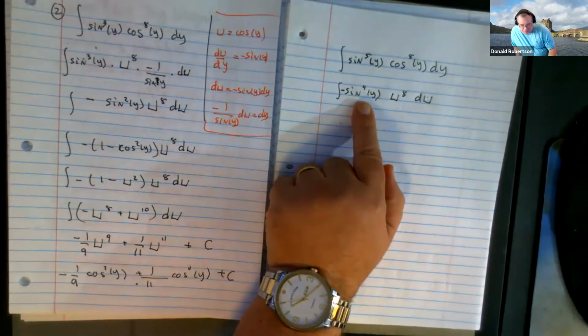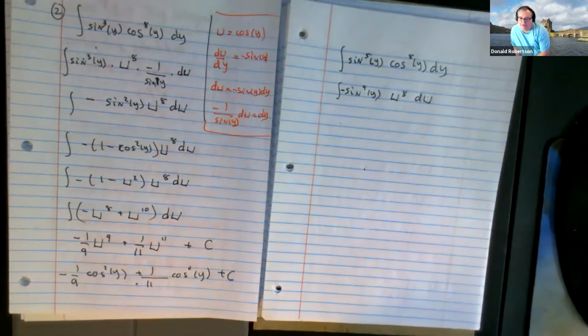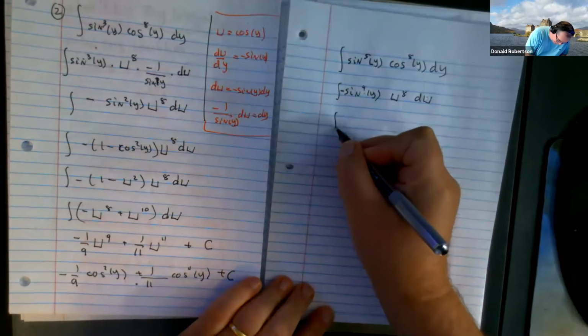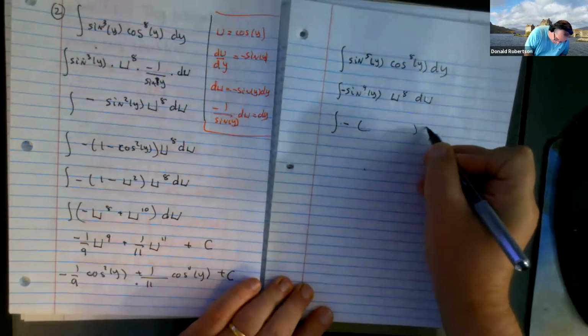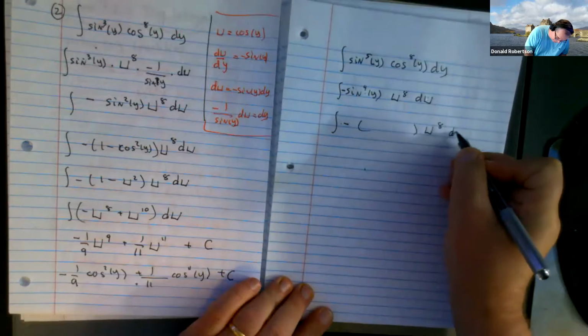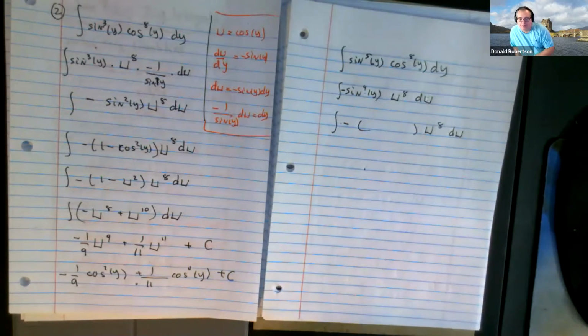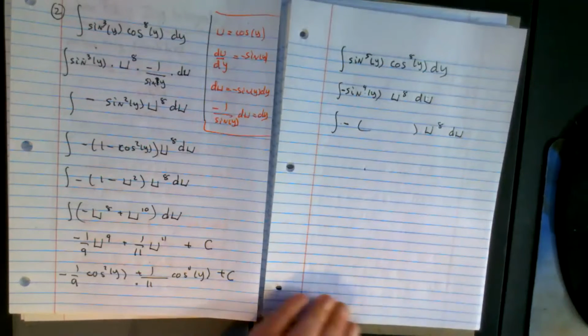What do you do when it's sine to the 4y that's left over, not sine squared y? How do you think I'm going to treat the sine to the 4th power of y? Because remember, our goal is to eventually get u's, right? Eventually get cosines. So what could I do with sines to the 4th power of y? Would you treat it as sine squared squared?